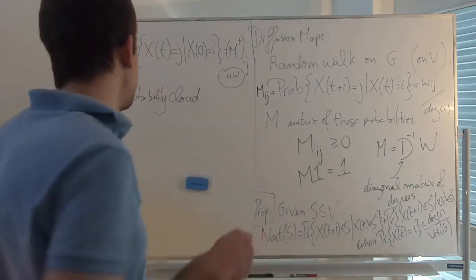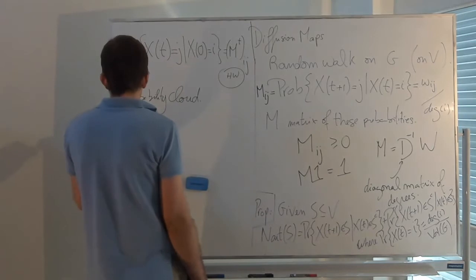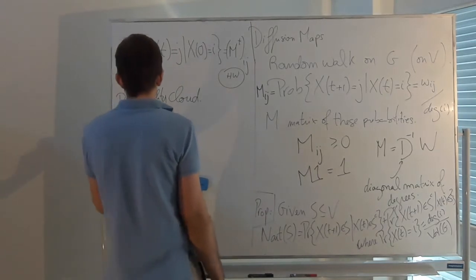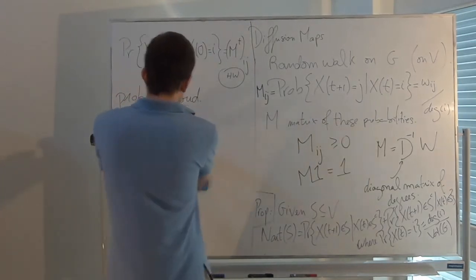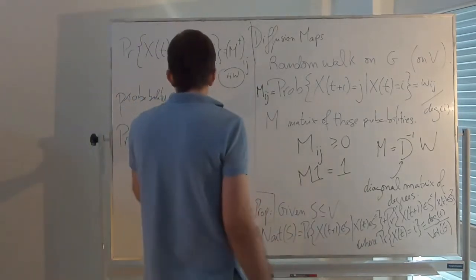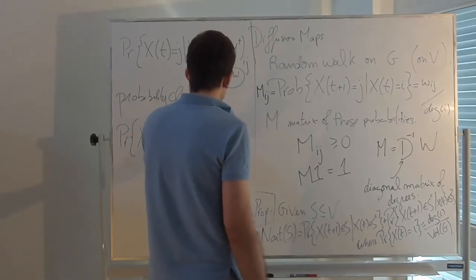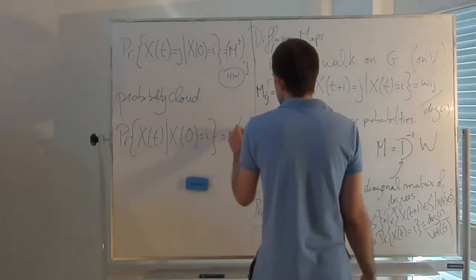Maybe it's 10% of being the first node, 5% of being the second, and so on. This is the probability cloud of x_t, a vector where each value j will be a value of this vector, assuming that you start at i. This is just M^t.